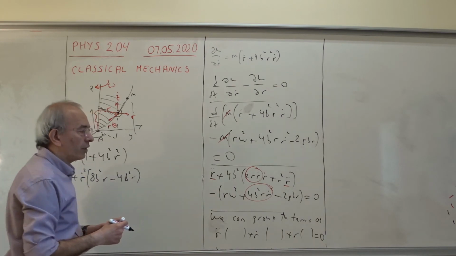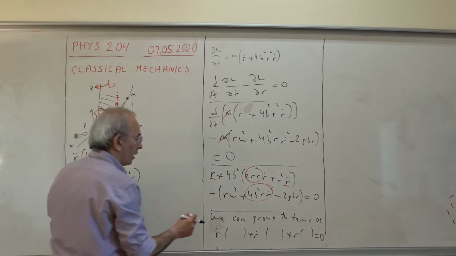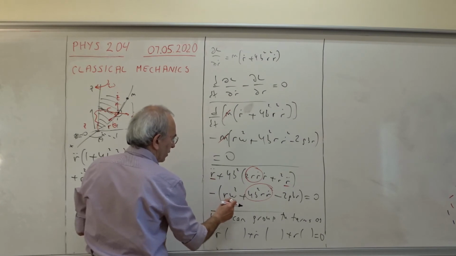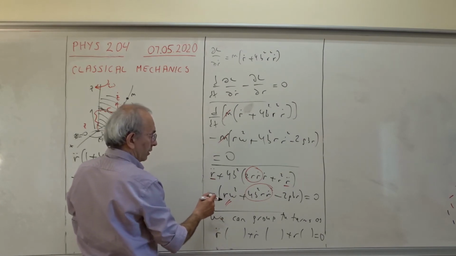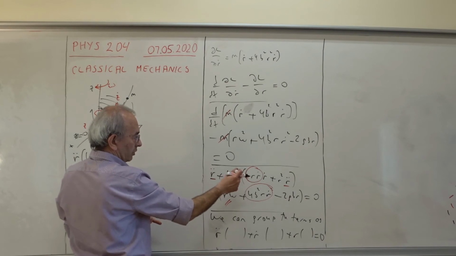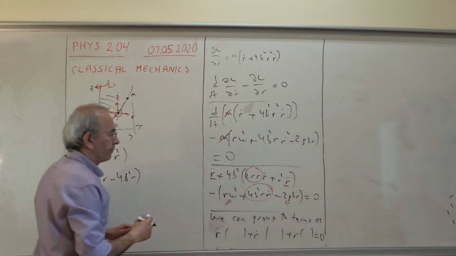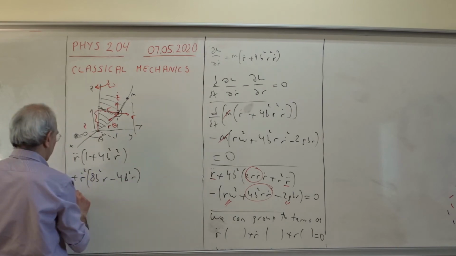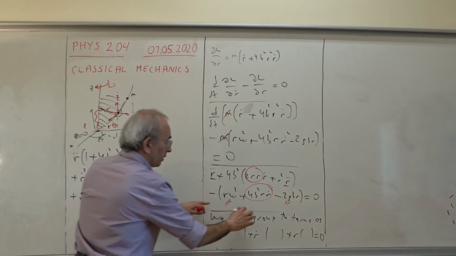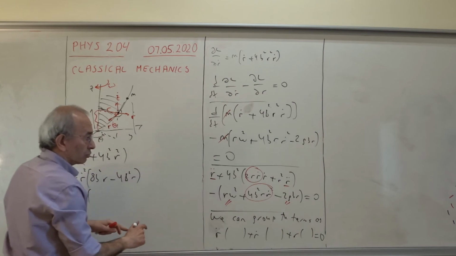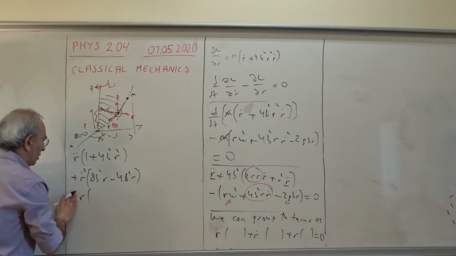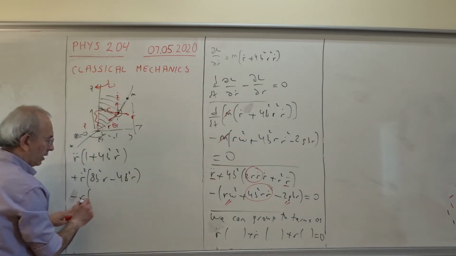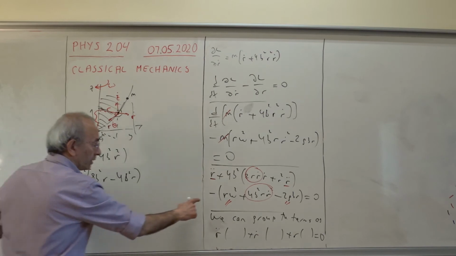Now we are left with r terms. R terms are this one. This is written, that is written. And the other one, as we see, plus r times minus omega squared.